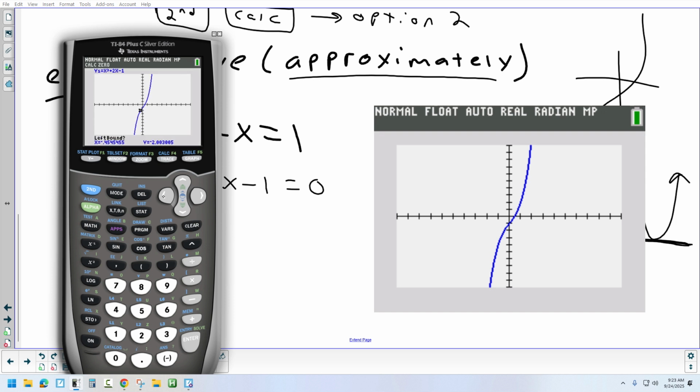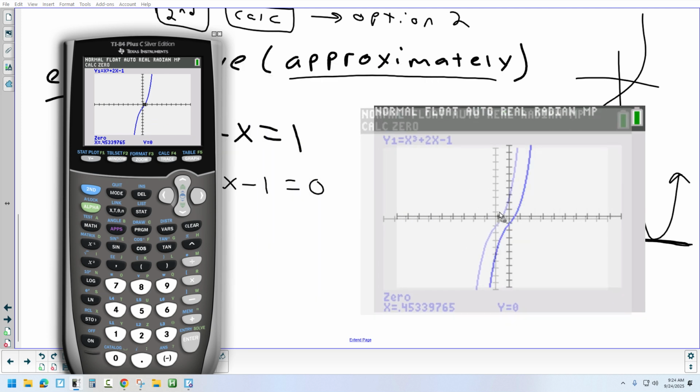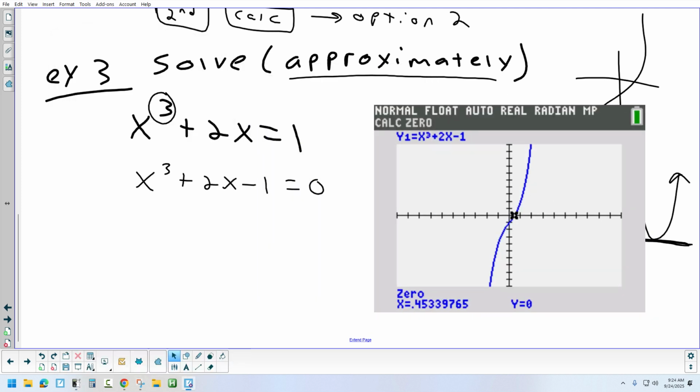Okay, so pick a point somewhere to the left, somewhere to the right, and do the guess. And it crosses the x-axis at about 0.45 if we round to 2 decimal places. Any question on that?